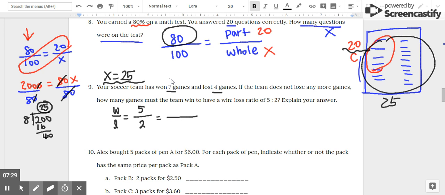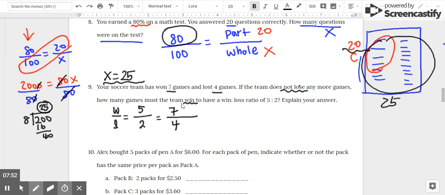And now we have 7 and 4. You may see that this is not proportional, right? But we want to keep this ratio. They're going to win, but they're not going to lose.